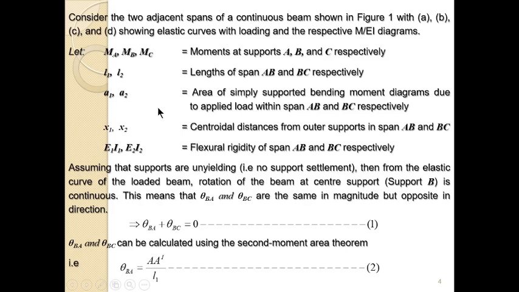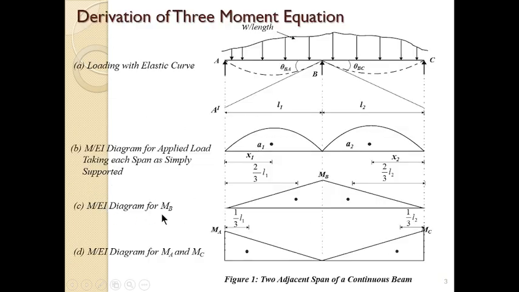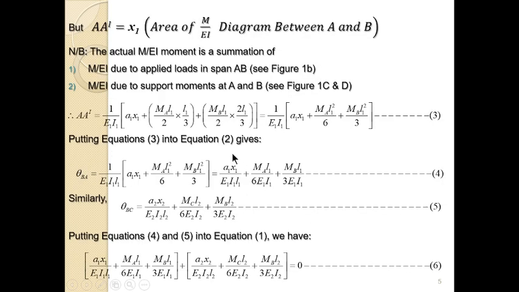If we go back for the next one, this is for MB. For MB, the area is a triangle, so the area is half base times height. What is the base? The base is L1. What is the height? The height is MB. What is the centroidal distance? The centroidal distance is 2 over 3 L1. So that gives us this component. Okay, sorry, we are doing for MA first.